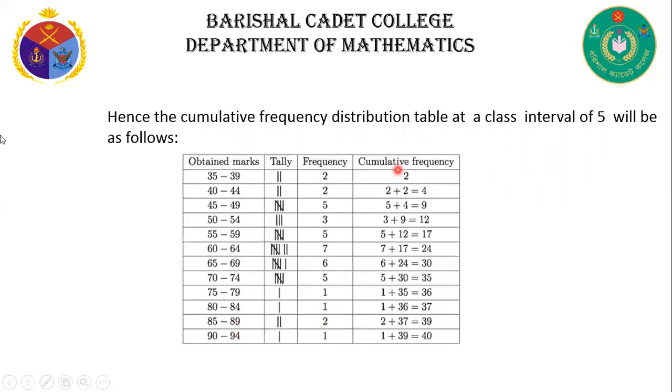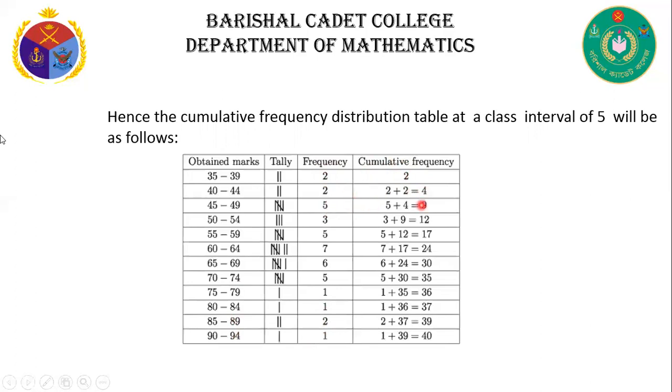Now, the cumulative frequency. We know the cumulative frequency means the sum of the frequencies up to that class. The first number remains the same, cumulative frequency 2. Then 2 plus 2, that means cumulative frequency 4. Then 4 plus 5, that means 9.